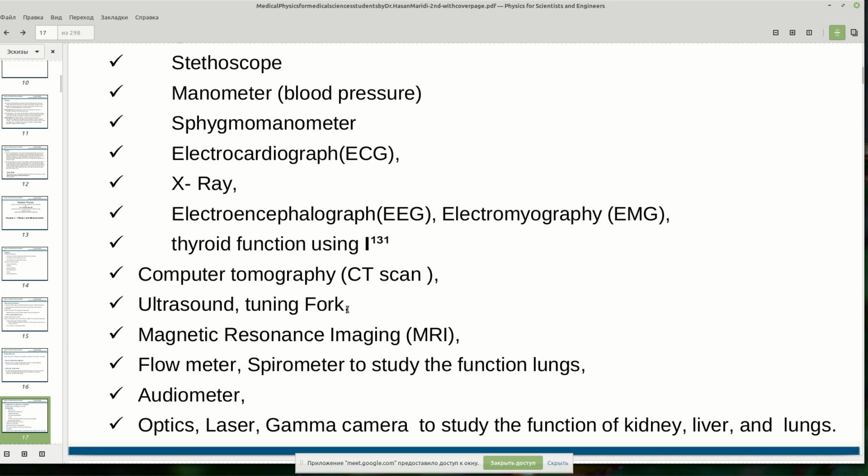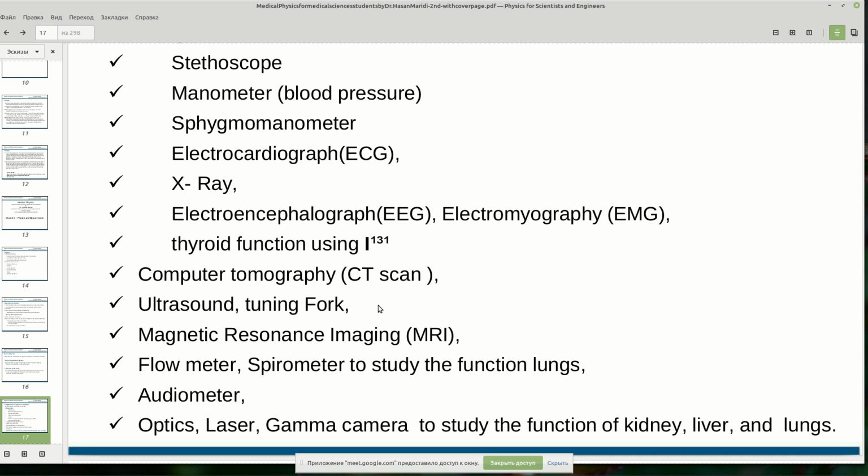Computer tomography, CT scan, is very useful in some problems of the brain, even with a heart attack. Now it's very widely used when we have inflammation of the lungs and need to understand what percentage of the lungs is damaged because of coronavirus inflammation.